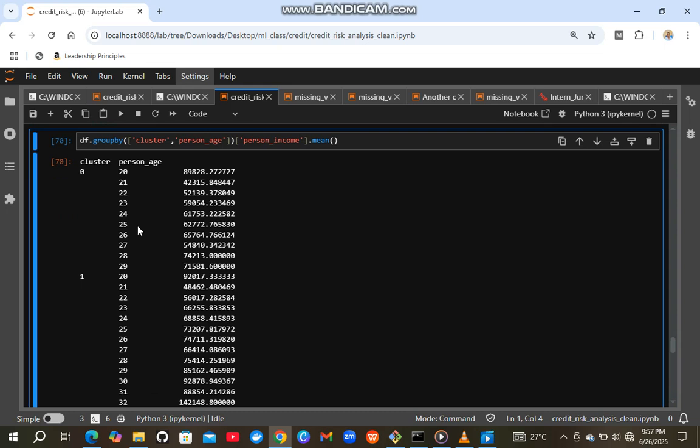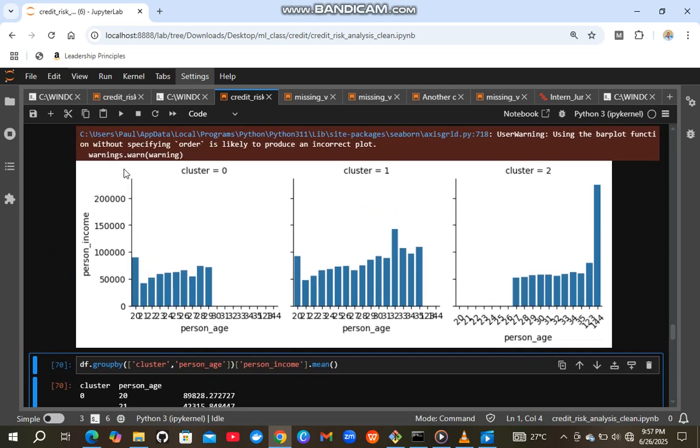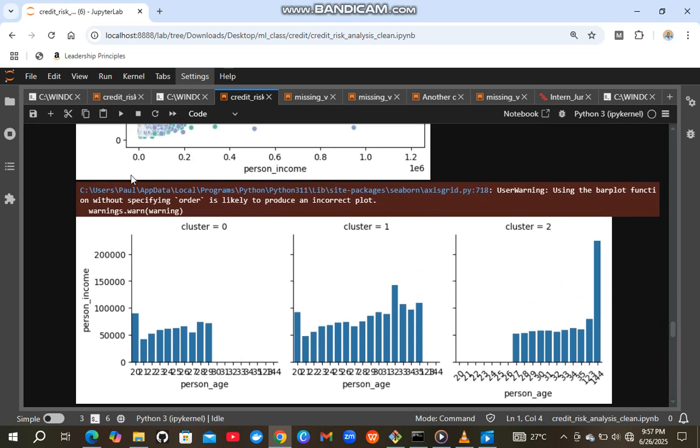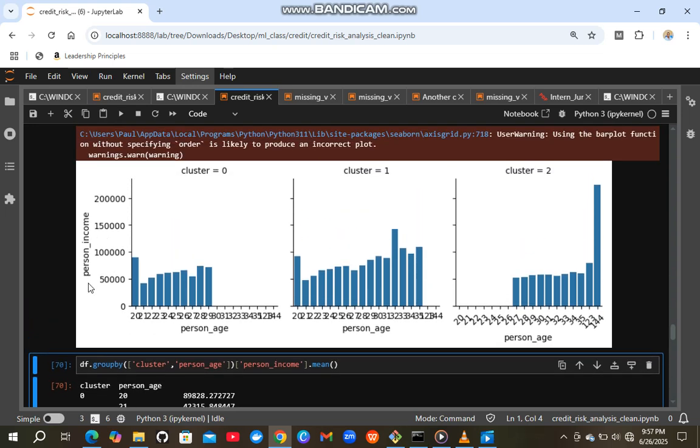It's hard to understand much from plain data until you add visualization, which is when I create something like this using some code I'll maybe share. It's the person's average income against the people's ages. So as we saw, the 0 cluster has more young people, the oldest being 29.